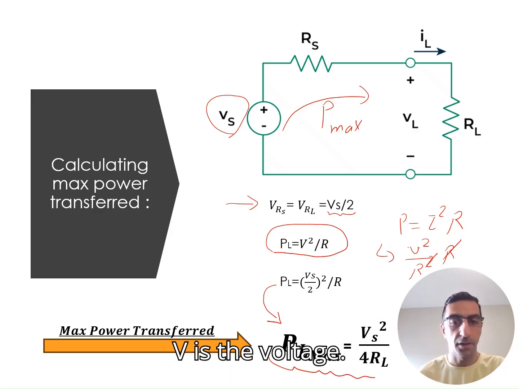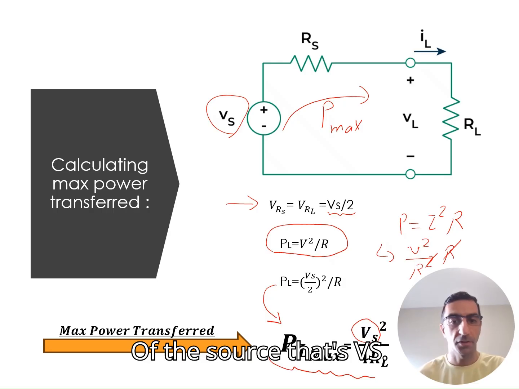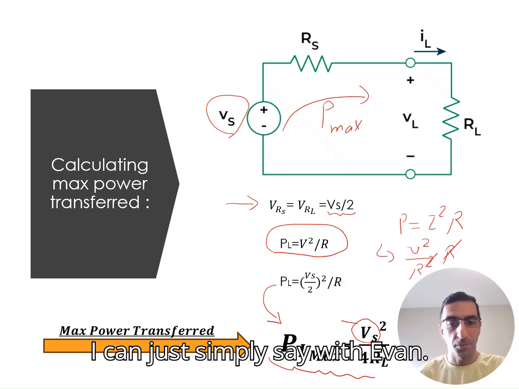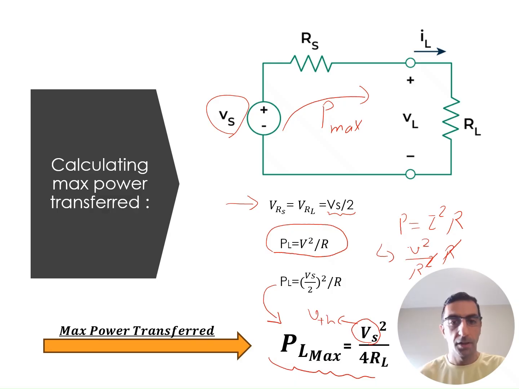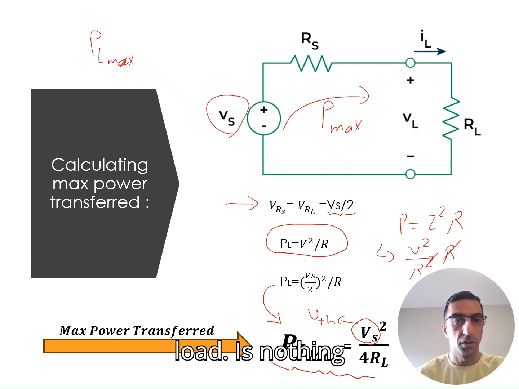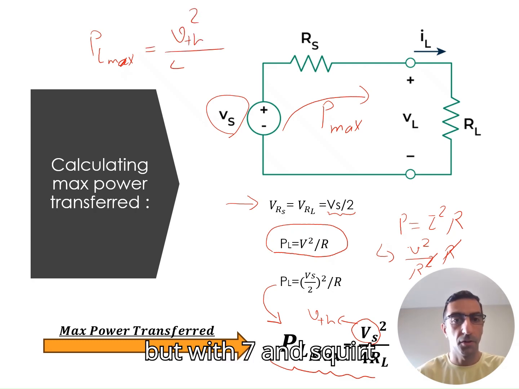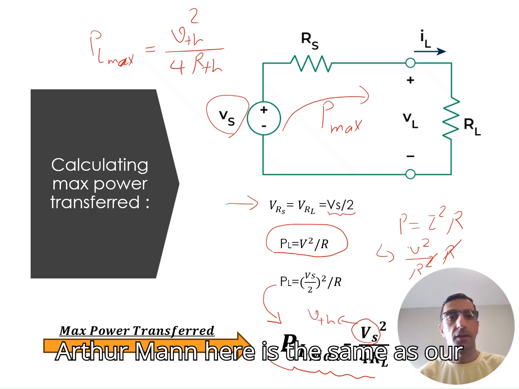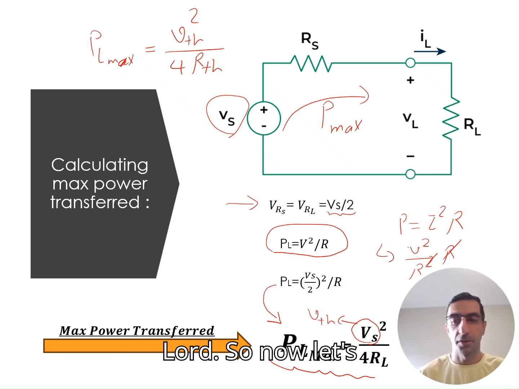And this V is the voltage of the source, that's Vs. I can simply say V Thevenin. So the max power transfer to the load is nothing but V Thevenin squared over 4 times R Thevenin. R Thevenin here is the same as R load.